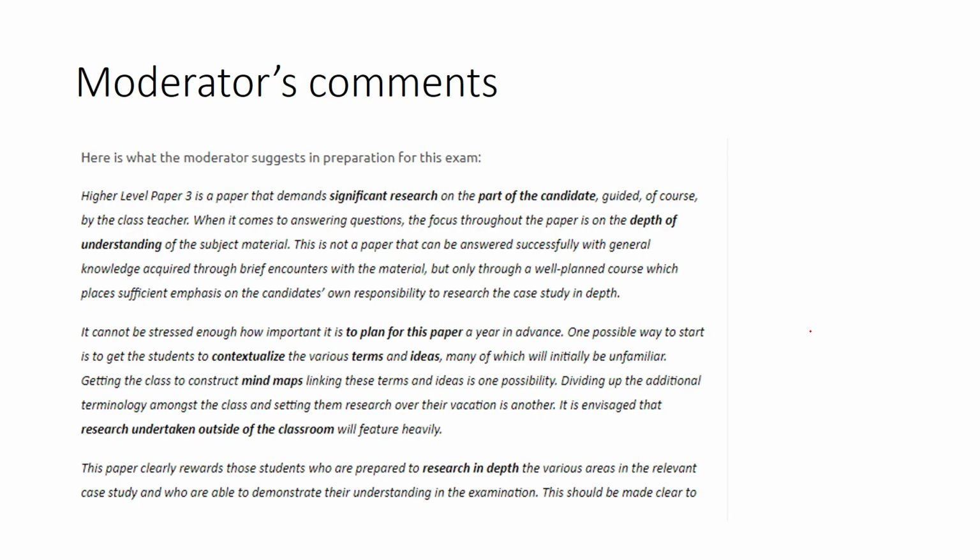To successfully complete this exam, you need a deep understanding of the subject material, and you won't be able to answer these questions with just simple general knowledge acquired from the computer science subject, because topics 1 to 7 don't cover the topics which will be requested of the candidate in the case study.